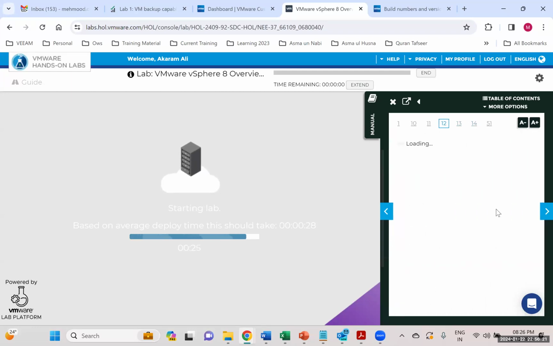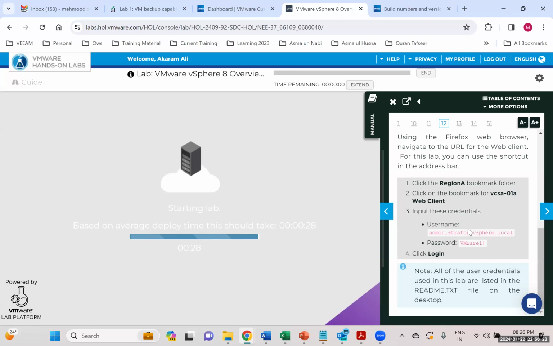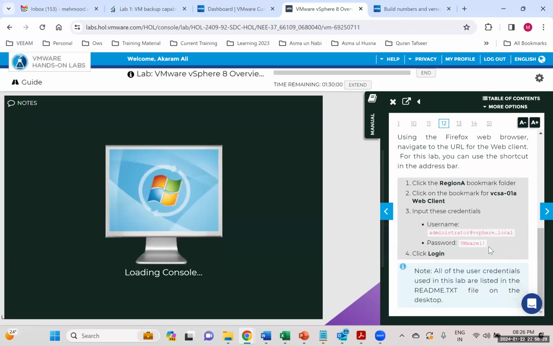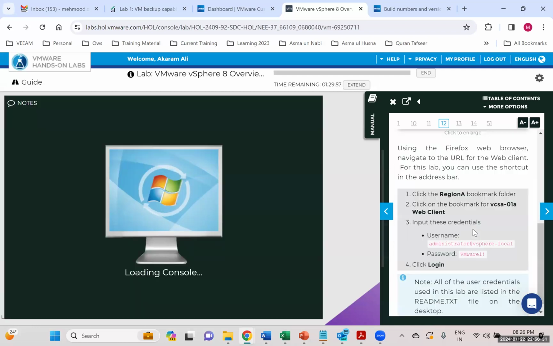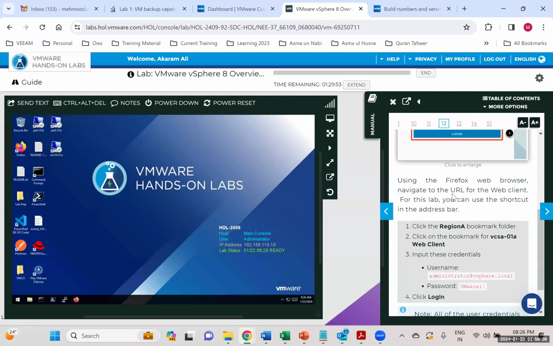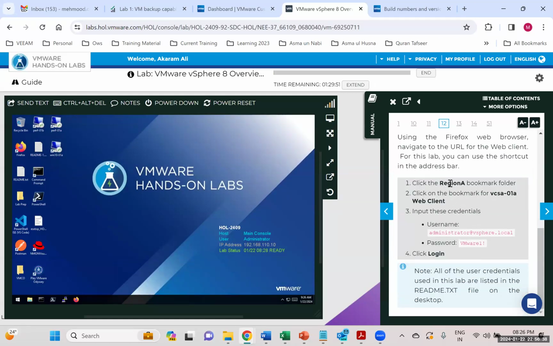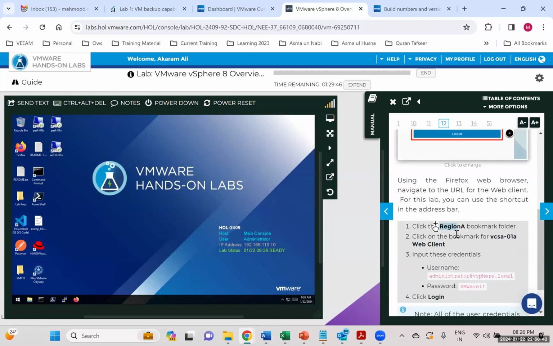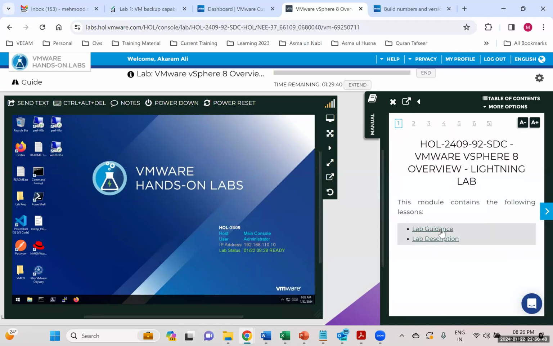Yes. Yeah, you can start with page number 12, right? It tells you click on region, click on the book. Okay, so it starts from here. Click on region A. Hold on. I think it has to start with.